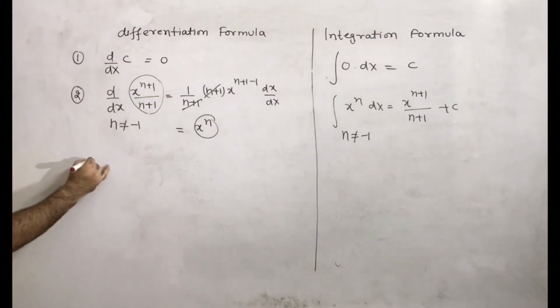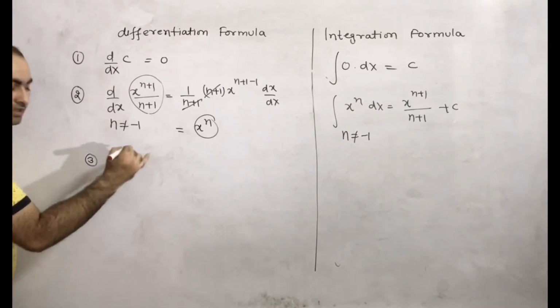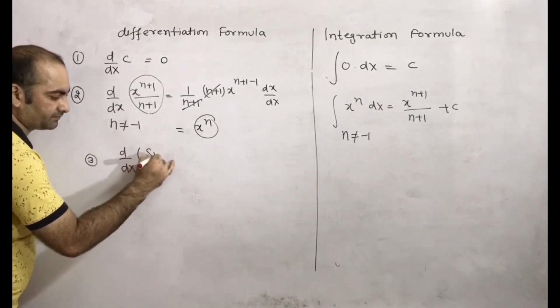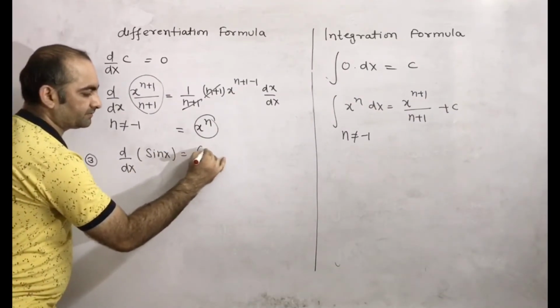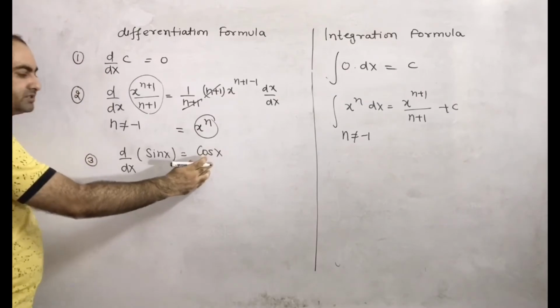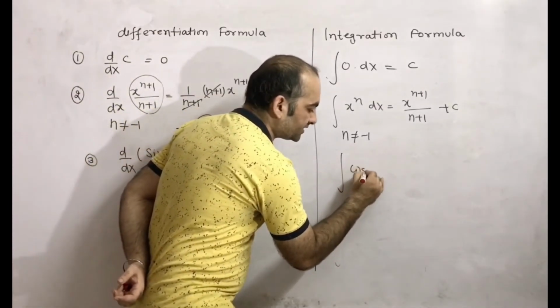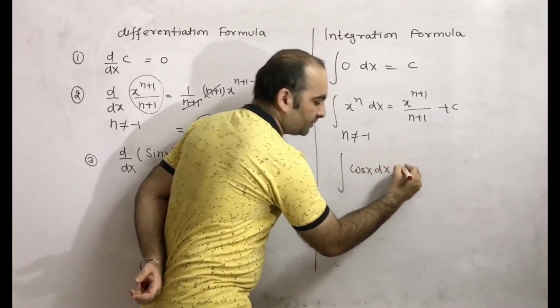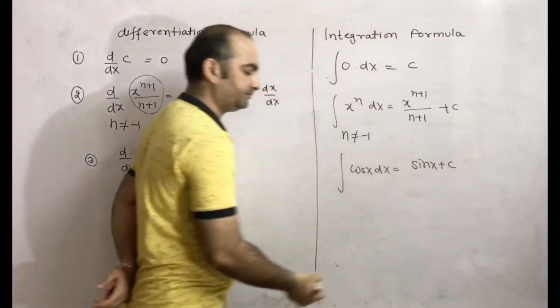Next is the third formula. D by dx of sin x. We know differentiation of sin x is cos x. Then if we integrate cos x, we will get sin x. So integration of cos x into dx will be sin x plus c.